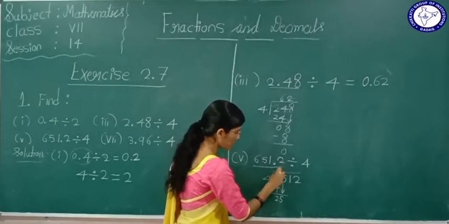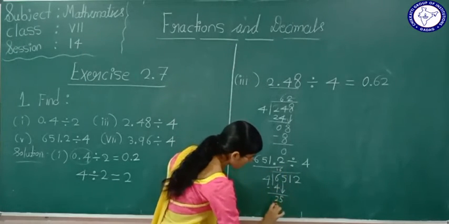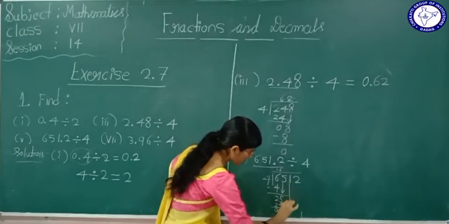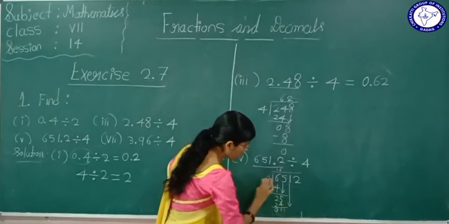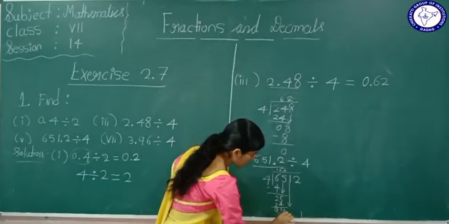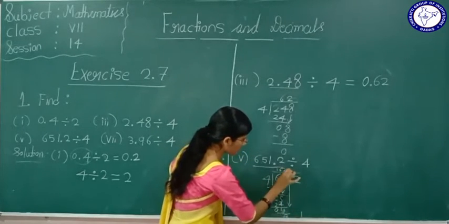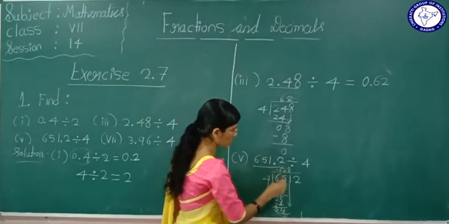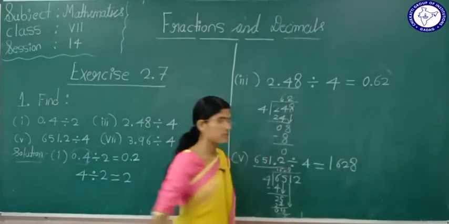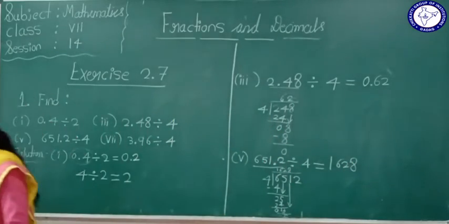Okay. Now 5 4s are 20. Here 1 will come. Take 1 down. 4 2s are 8. 3 will remain. Means it will be 4 8s are 32. It will be 1628.